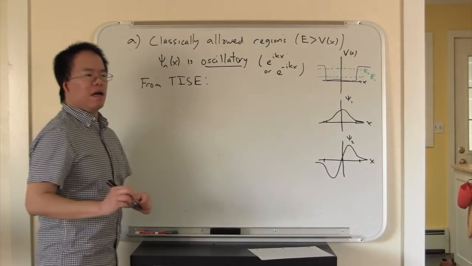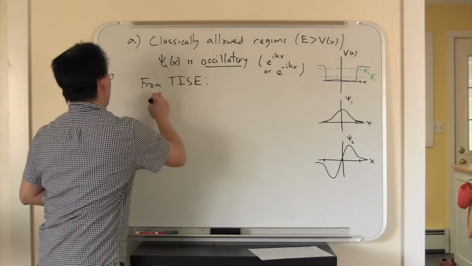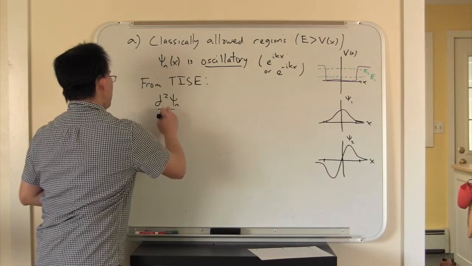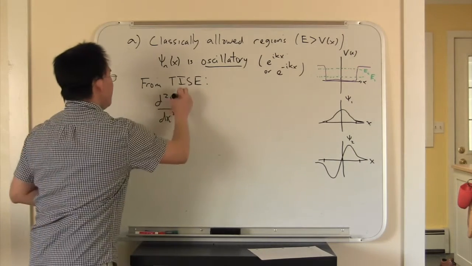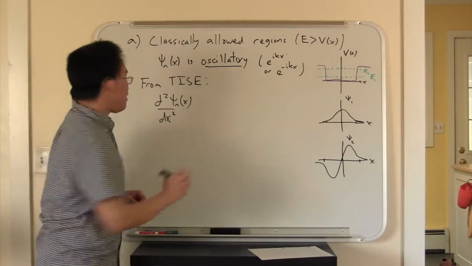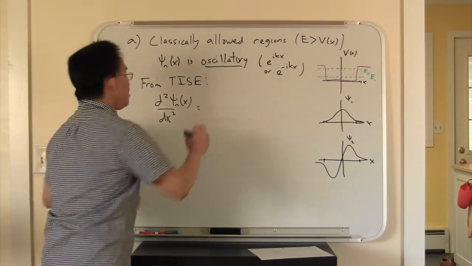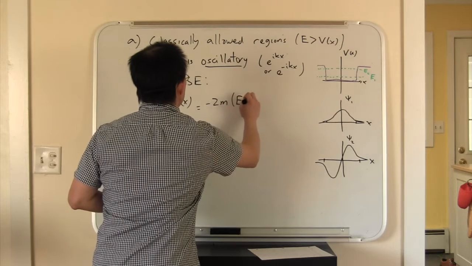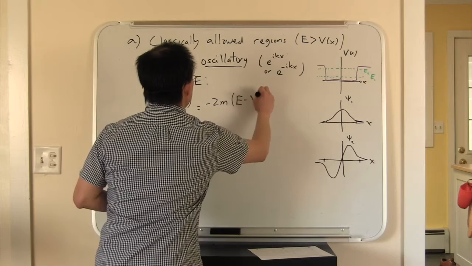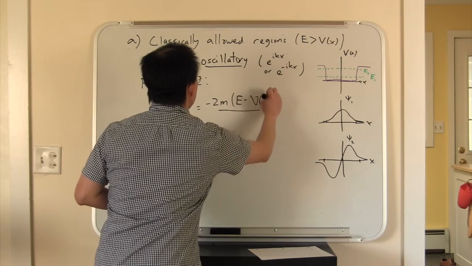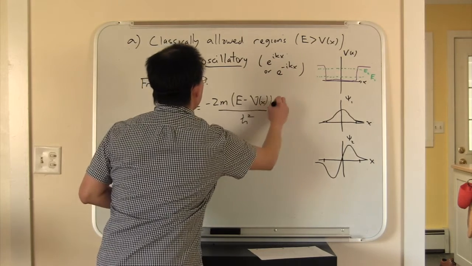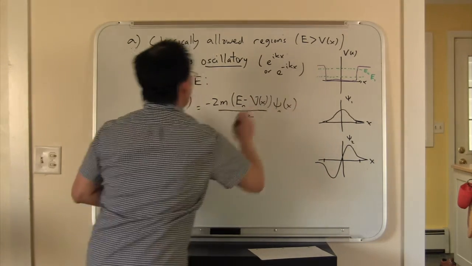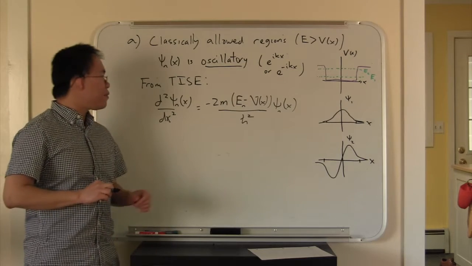I can rewrite the TISE in the following way: the second derivative of my energy eigenfunction equals minus E minus my potential energy over h bar squared times my wave function.